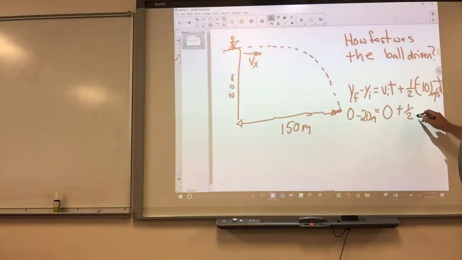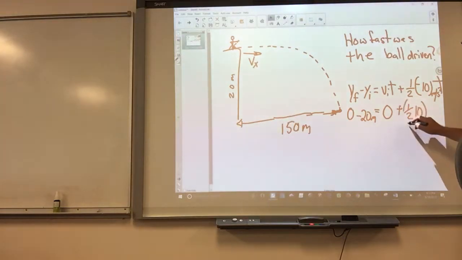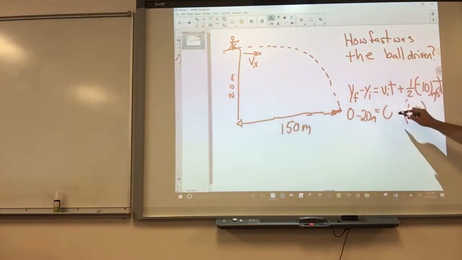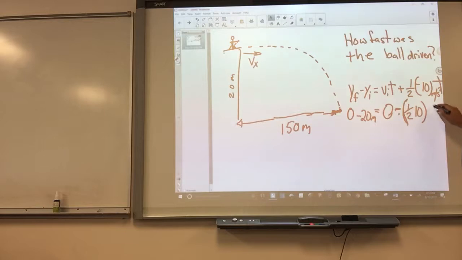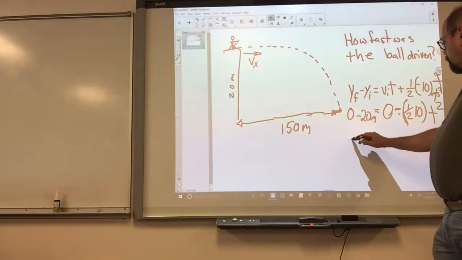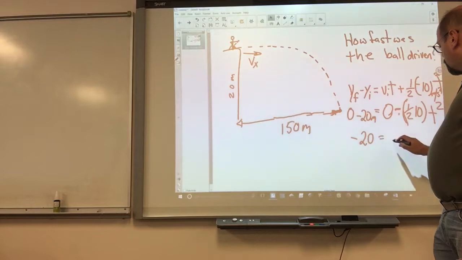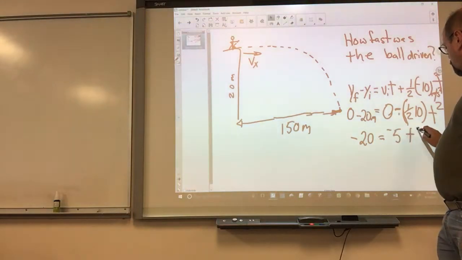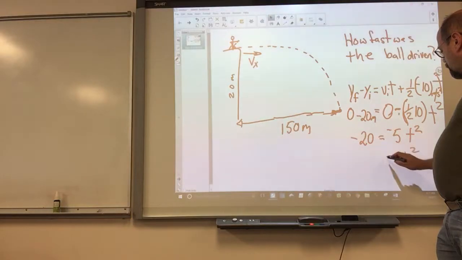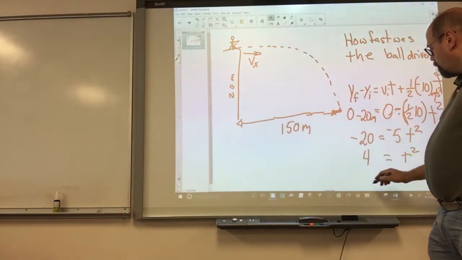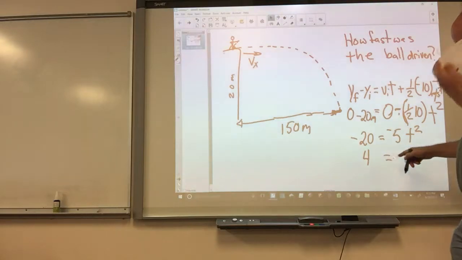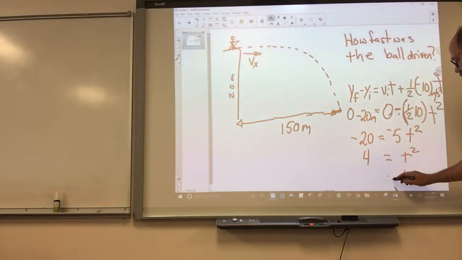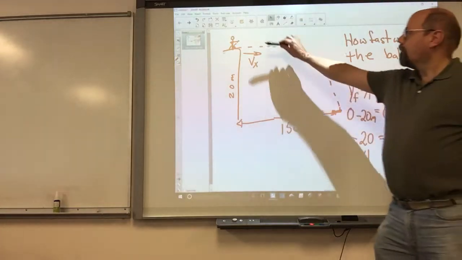So this is going to be 1/2 of 10. This is going to become a minus because I've got a minus inside there. And I've still got a t squared. I got to sneak that in there, don't I? Okay. Now, this just becomes a minus 20. This becomes 5, minus 5t squared. So t squared is just equal to 4. I divide both sides by 5, that becomes 4. T squared is this. So that thing took 2 seconds to drop from here down to there.